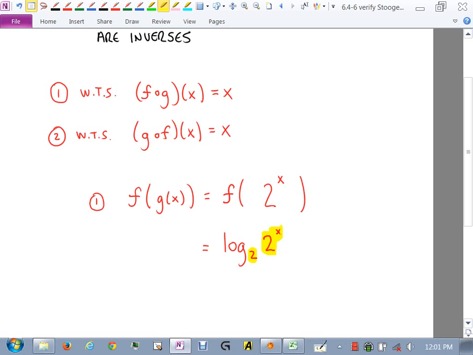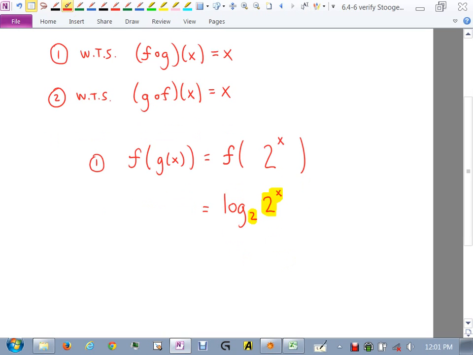It's saying, what do you raise 2 to in order to get 2 to the x? X, right? Just x. Check it with the loop. 2 to the x equals 2 to the x.